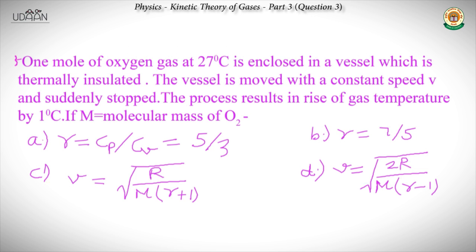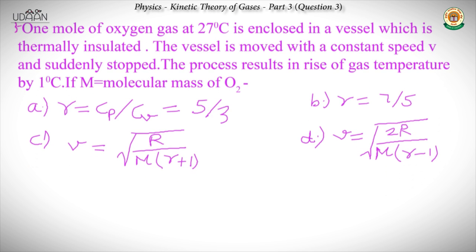So for this question, there are two things we have to find out. The first is gamma, which is Cp by Cv, and the second is the velocity with which it moved. For gamma we can easily find it because oxygen is a diatomic gas, and as we had seen in the theory part, for a diatomic gas the number of degrees of freedom is 5.